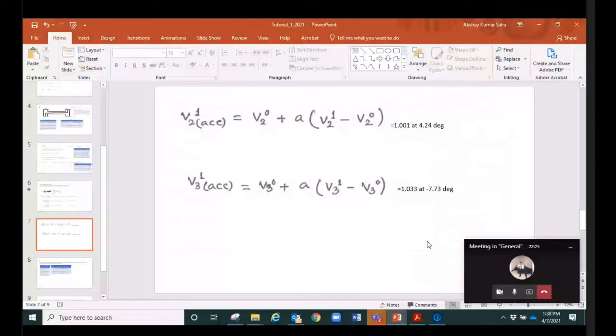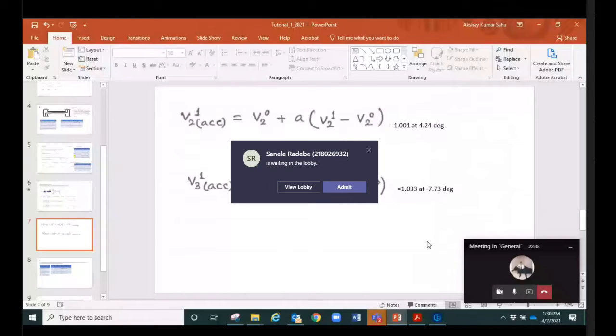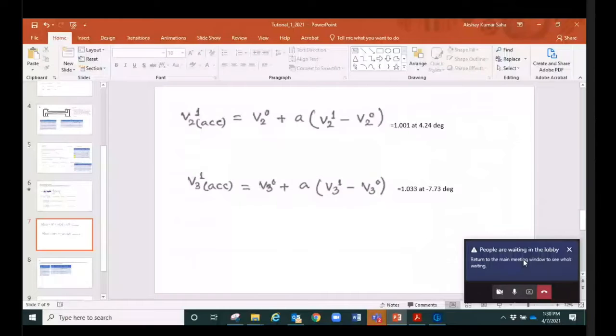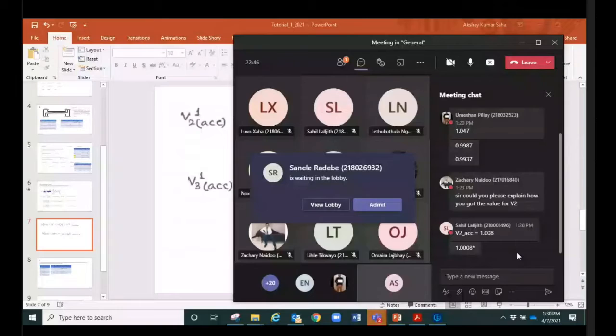So in this case, we don't see any change in the magnitude of the voltage from one iteration to the next. But if we do use the acceleration, it accelerates very fast and gives us the V2 accelerated 1.000008. Okay, I double checked my values, but I will double check once again if you're getting 1.0088. Okay, so can we go to the next one?